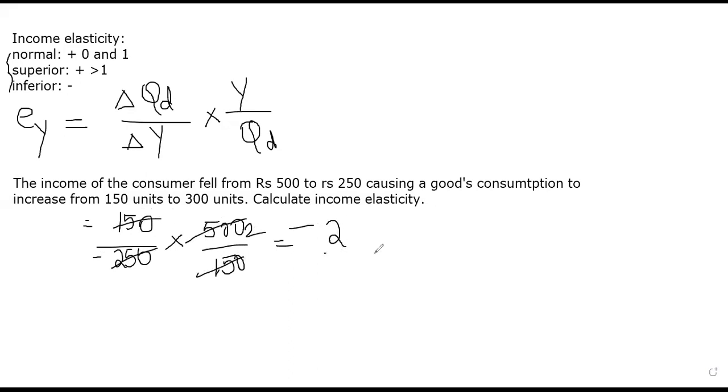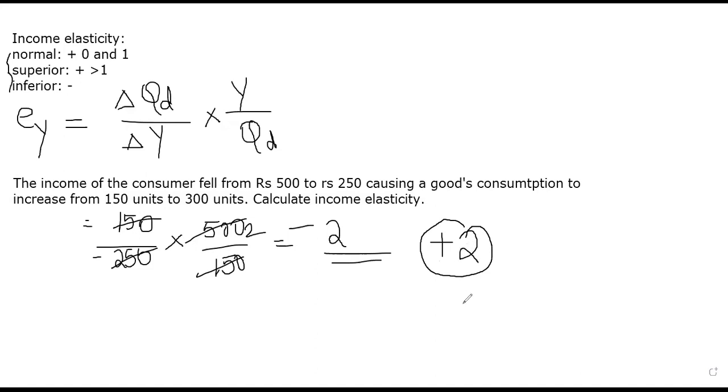What does negative indicate? Since it is negative, the good is inferior. It is an inferior commodity. We have got a negative answer, which only shows that the commodity the consumer has bought is an inferior commodity. Had it been positive 2, then since it is greater than 1, the good would be superior.